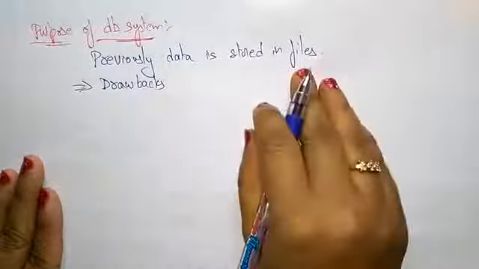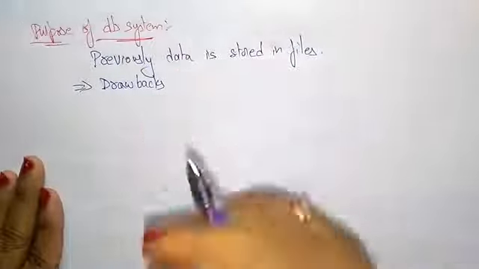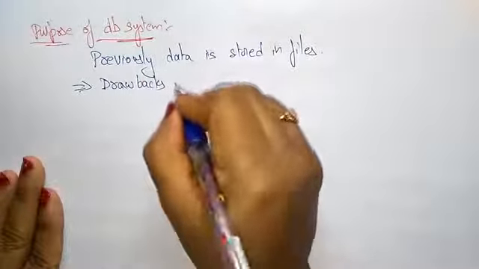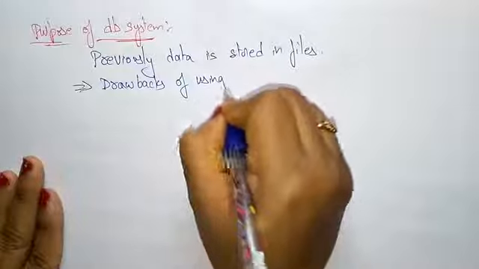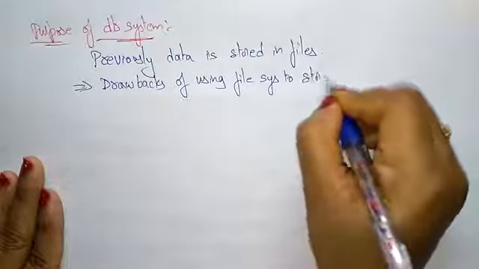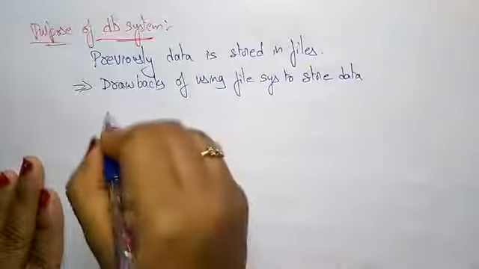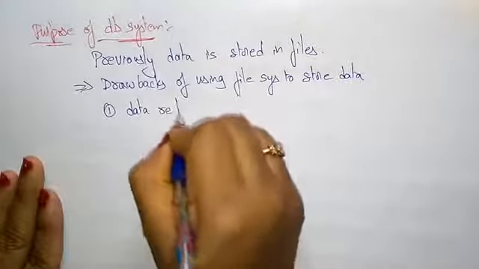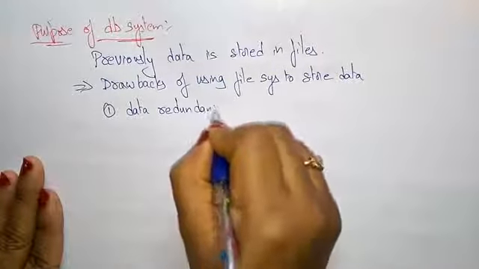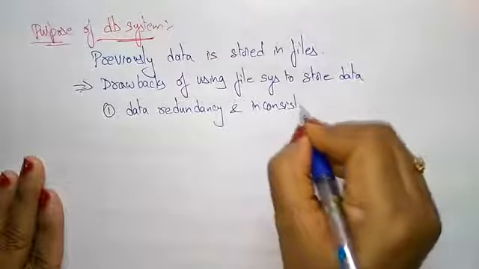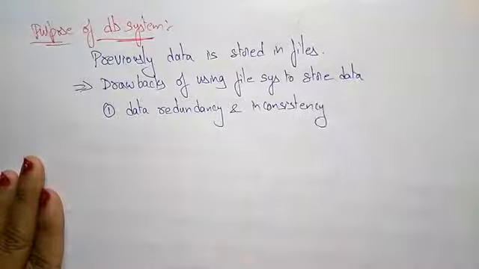If you know the drawbacks of the file system, then you will know the purpose of the database system. The drawbacks of using a file system to store data are: first, data redundancy and inconsistency.